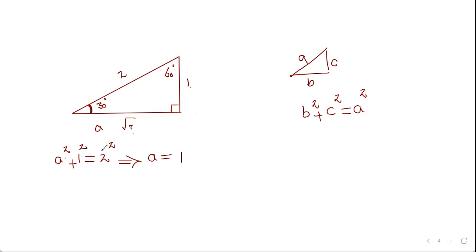Then you have 4 minus 1. Look at that. I made a big mistake. It's going to be square root of 3, because 4 minus 1 becomes 3, so the square root of 3.